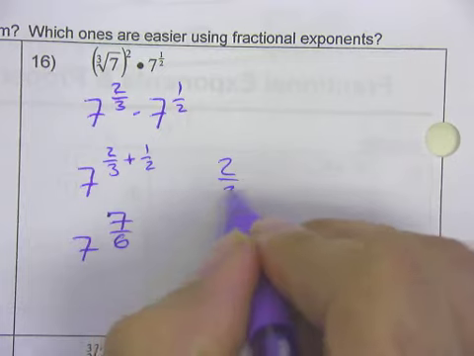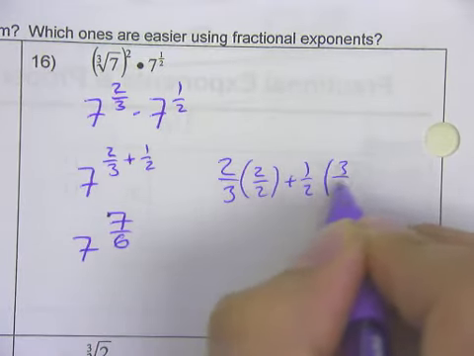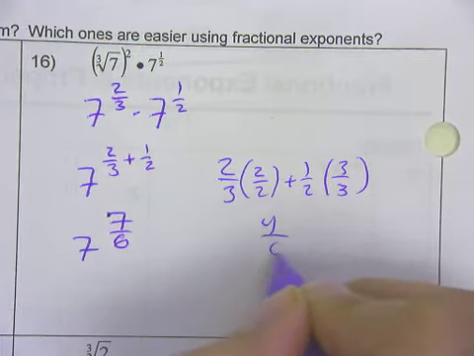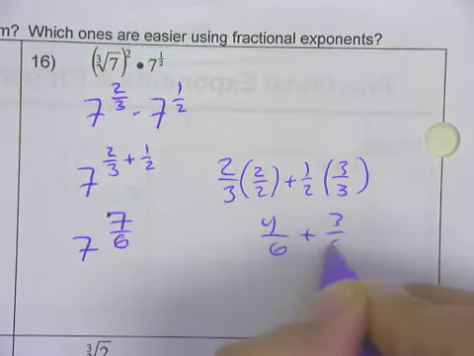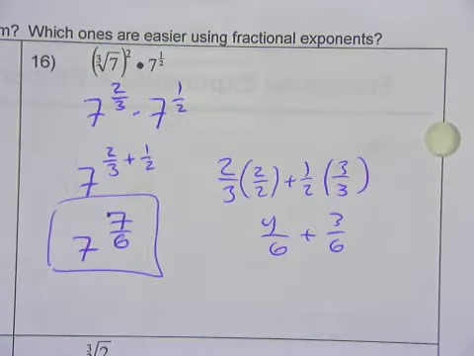Is that right? 2 over 3 multiplied by 2 over 2, plus 1/2, I'd multiply by 3 over 3. That's 4 over 6 plus 3 over 6. Yeah. So we'll go ahead and box that one off.